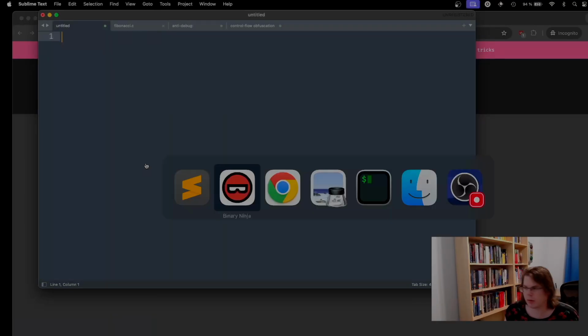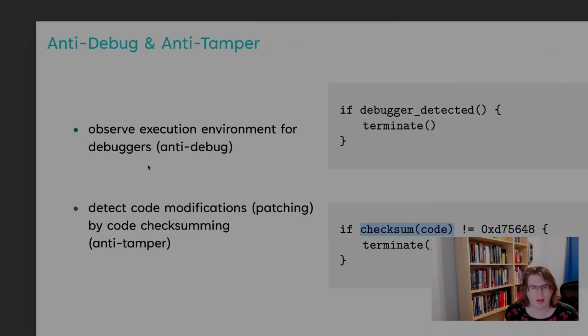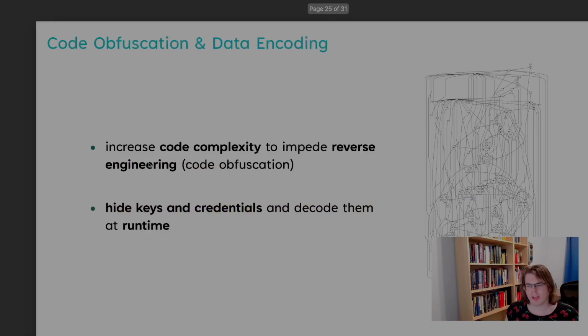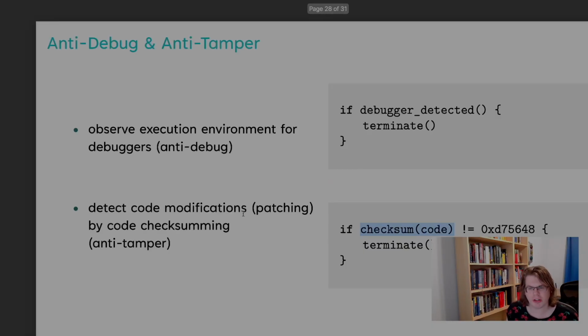Compared to code obfuscation, which is a purely passive technique, we have active protections, which probe the environment and check if something is suspicious, like if a debugger is present or if some code changed in memory. If so, we can take countermeasures like terminating the program.